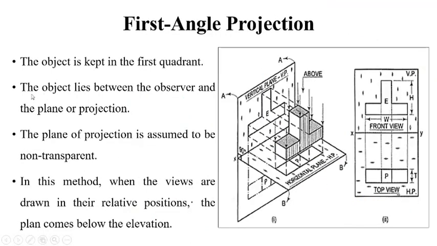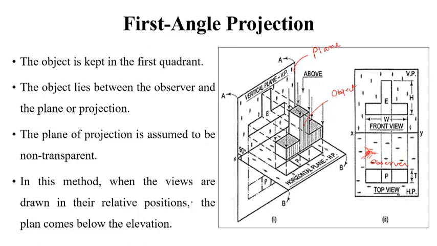So what will happen, the object lies between the observer and the plane of projection. That means observer means we are looking from here, this is our eye and this is the observer. So in the first angle projection, this is our object and this is our plane.